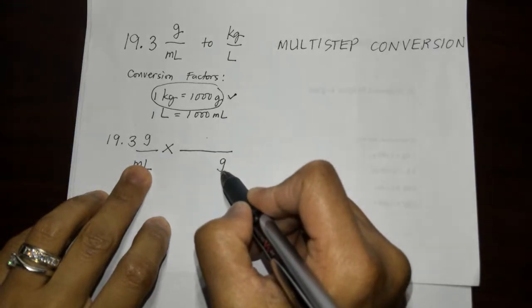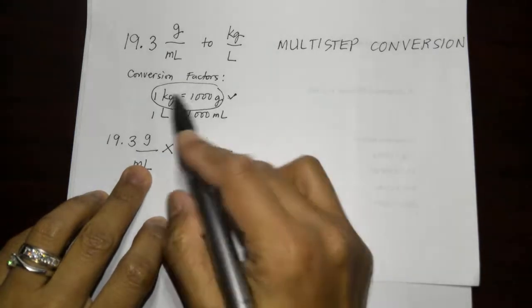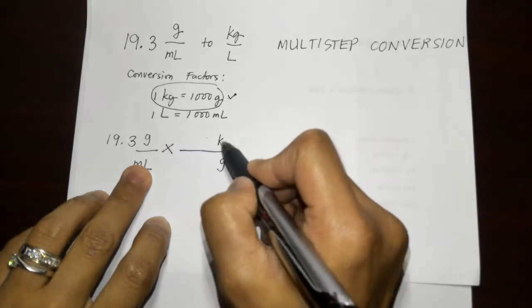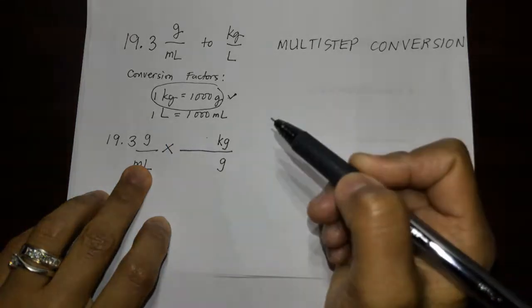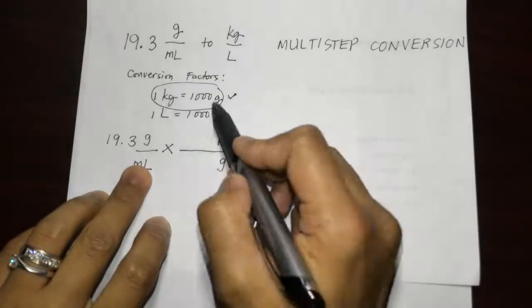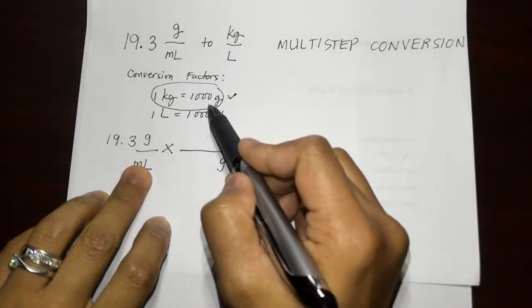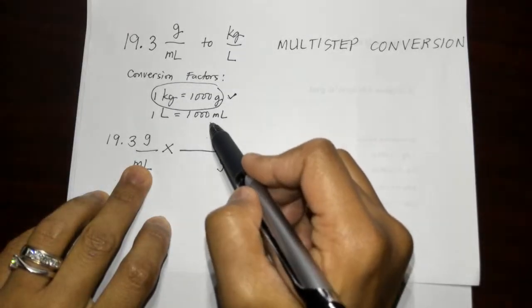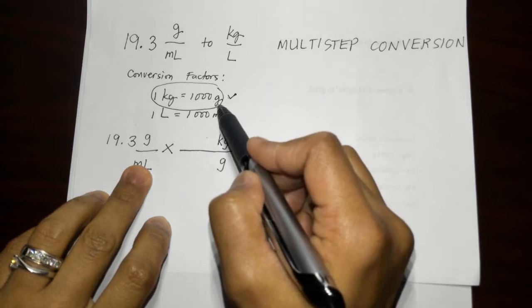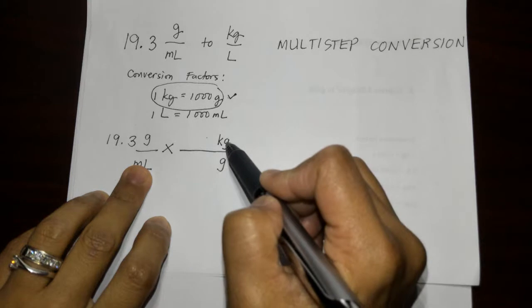And of course, the partner of the g is a kg, so I don't have a way but to put the kg on top, because that's the partner in the conversion factor. Please do not mix up the others. Focus on one conversion factor at a time. So grams and then kg.